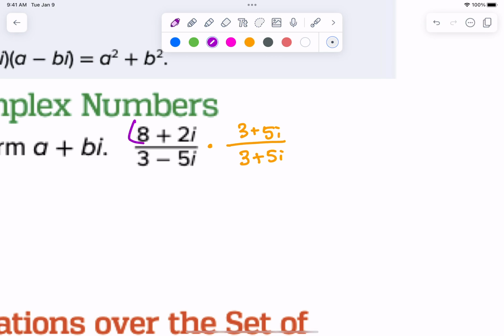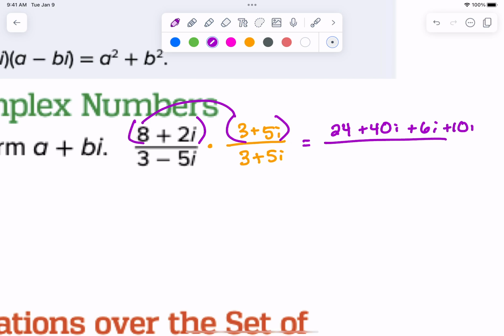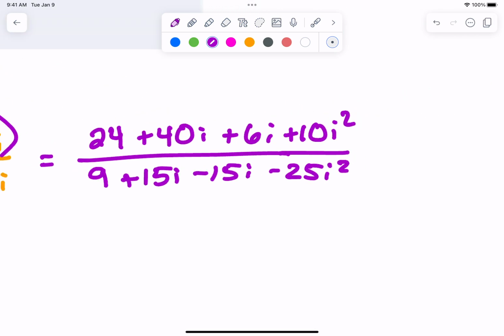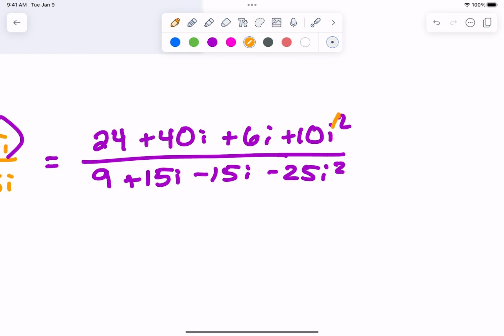All right, let's FOIL the top. Do you want to try it on your own? Yes. Okay, I'll let you go then. You try. So don't look at mine until you're done. Do the top and the bottom. We FOIL the bottom too. They cancel out.